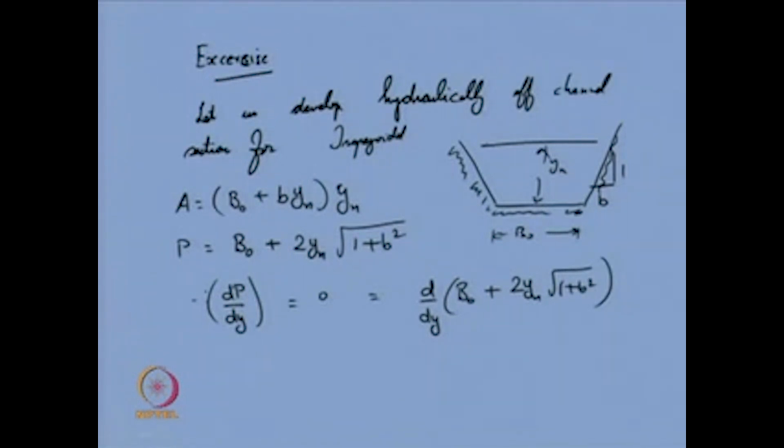Now, what is B0? You already know from this particular equation, you will see that area of cross section is equal to constant, therefore, B0 is equal to A by y_n minus B y_n.